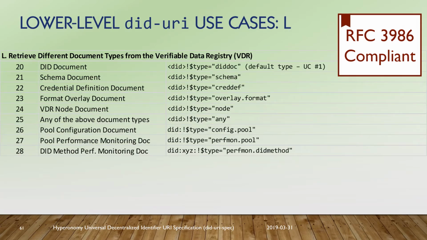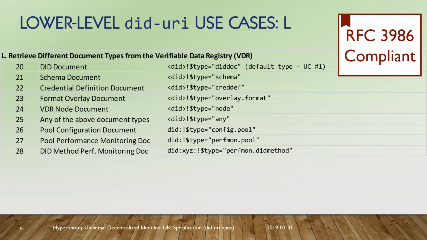Category L extends the did URL specification to enable the retrieval of different document types from the verifiable data registry.